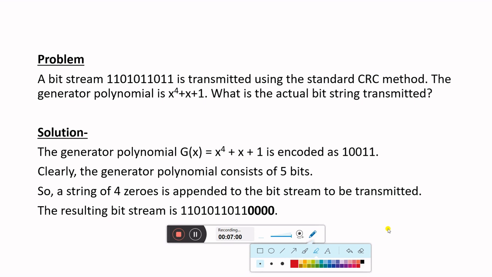This x to the power 4 plus x plus 1 is encoded as 10011 because I can write this as 1 into x to the power 4, and after that 0 x to the power 3, and after that 0 x to the power 2, and after that 1 x to the power 1.